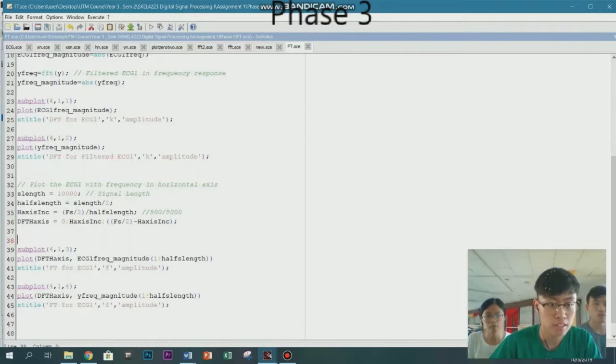The x-axis starts from 0 with a scale of 0.1, and ends at 500 minus 0.1, to shift the graph from 0.1 to 0. The discrete Fourier transform would start from 0.1, but now it starts from 0. So we have plotted with the axis here, and the magnitude from 1 to 5000.